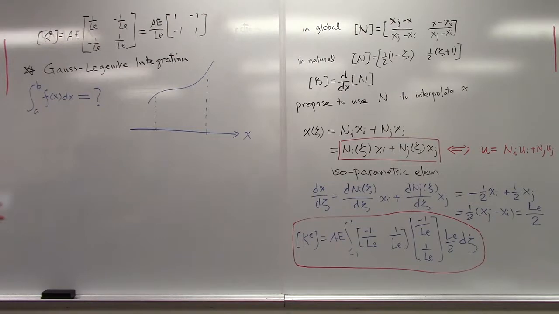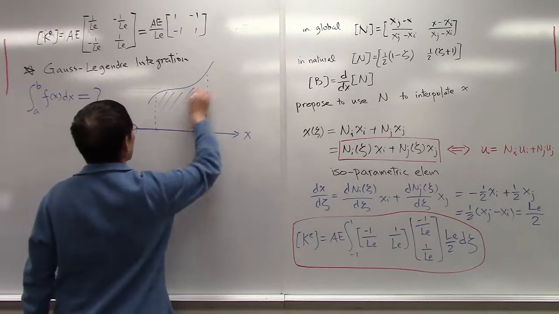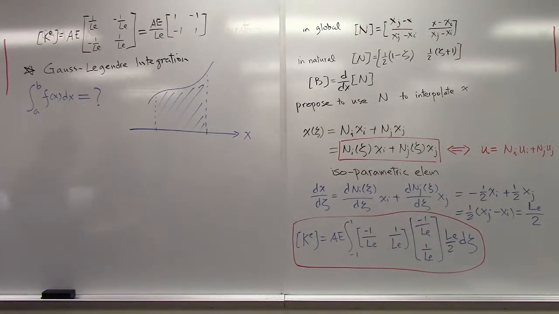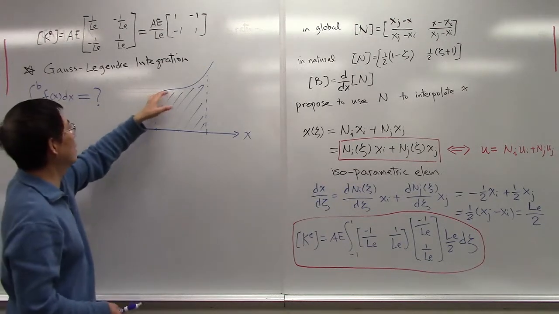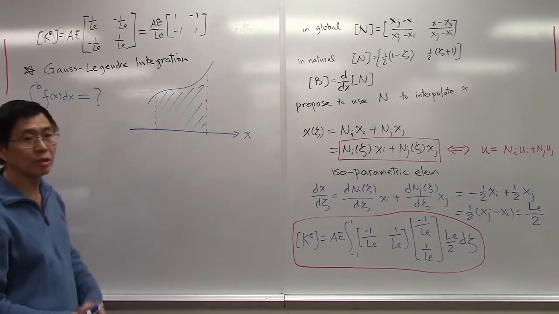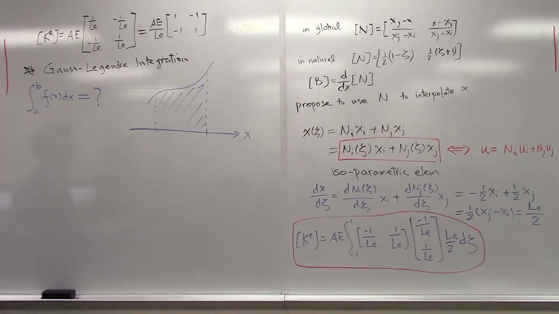The area underneath the curve, exactly. So, okay, so it's the area underneath this curve. Well, if you have a simple functional form, then you can integrate that actually in closed form, okay? And you can get it.